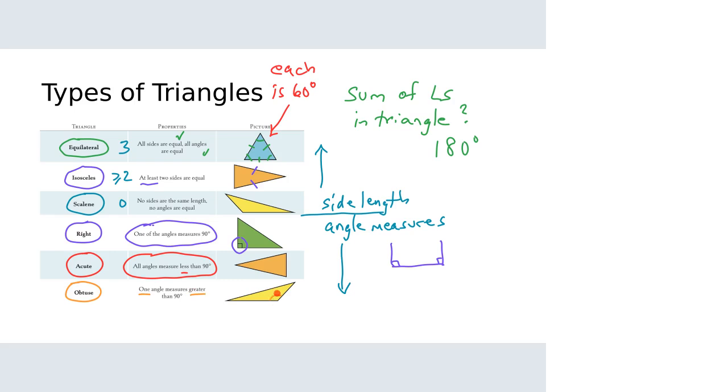Here it's this one. It goes beyond 90 degrees. And we couldn't have more than one of those because then again, we'd be bigger than 180. If I had a 91 and a 91, I'm already at 182, which is no good. And I haven't even included the third angle yet. So we can only have one angle that's greater than 90 degrees.